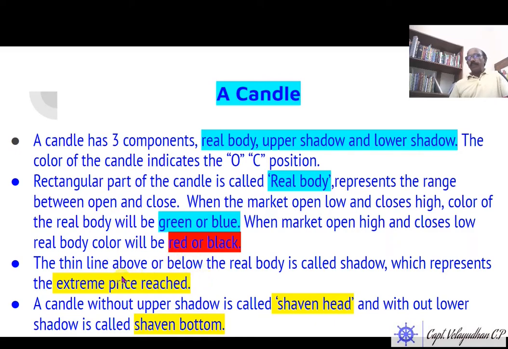The thin line above or below the real body is called a shadow, which represents the extreme price reached. A candle without an upper shadow is called shaven head, and without a lower shadow is called shaven bottom.